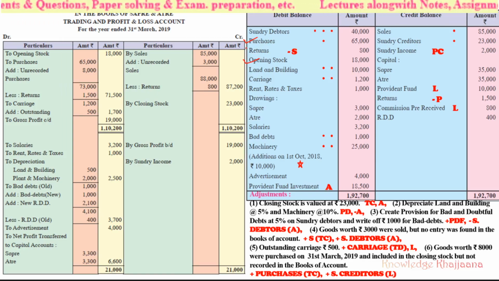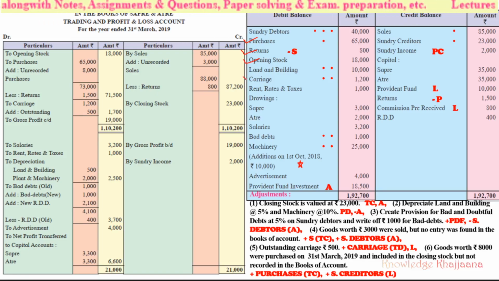Returns means sales returns, so we record rupees 800 as the sales return. Sales less returns rupees 800. Next, land and building go to the asset. Carriage inward rupees 1,200. Then no land and building, we have to record against carriages.